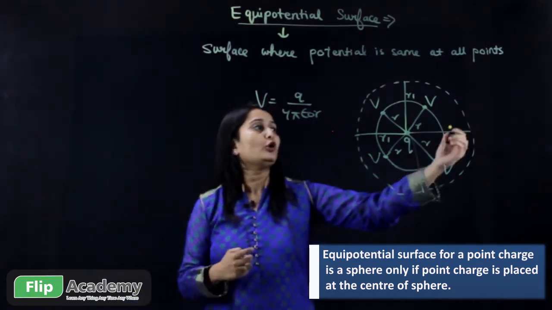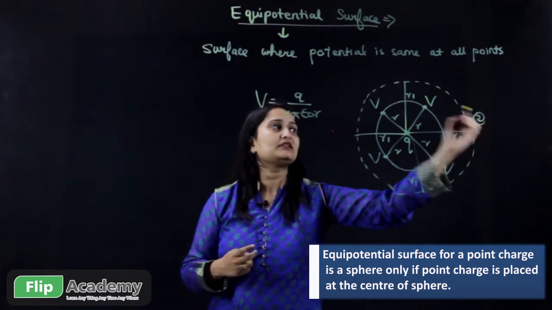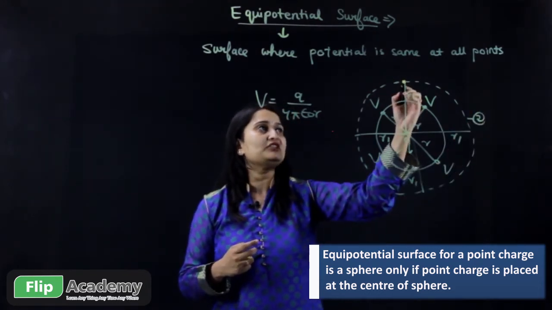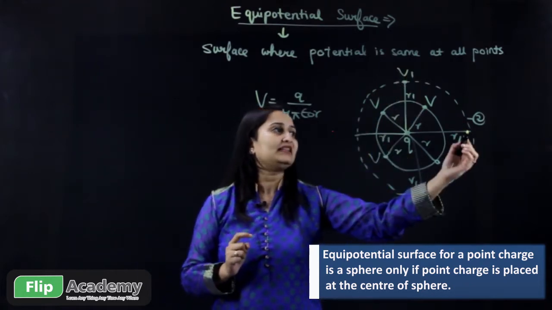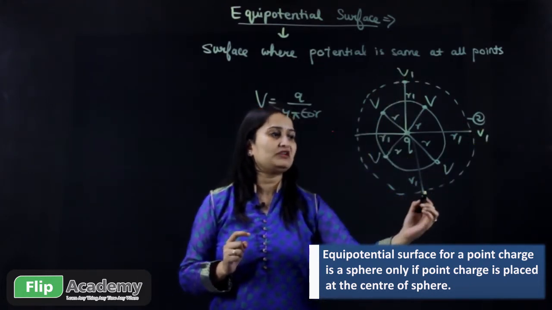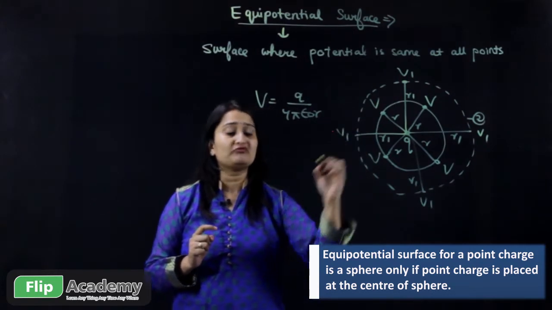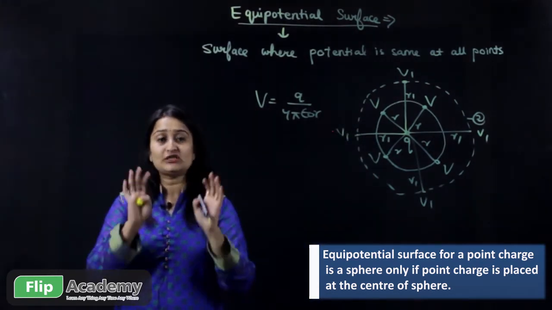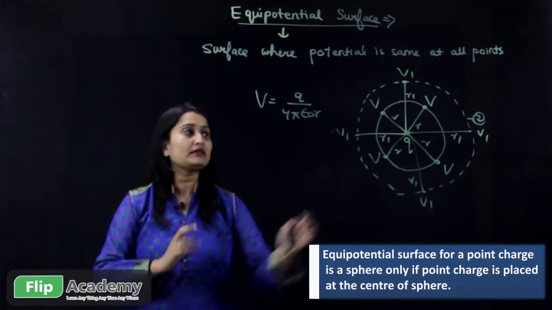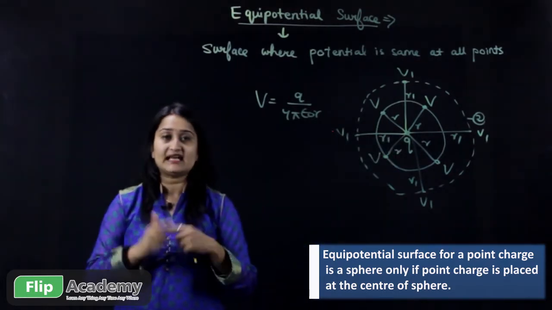So, for this second sphere, if you find the electric potential at this point, it is V1, and at this point also V1, this is also V1, this is also V1. So, these are called the equipotential surfaces for the point charge placed at the center.